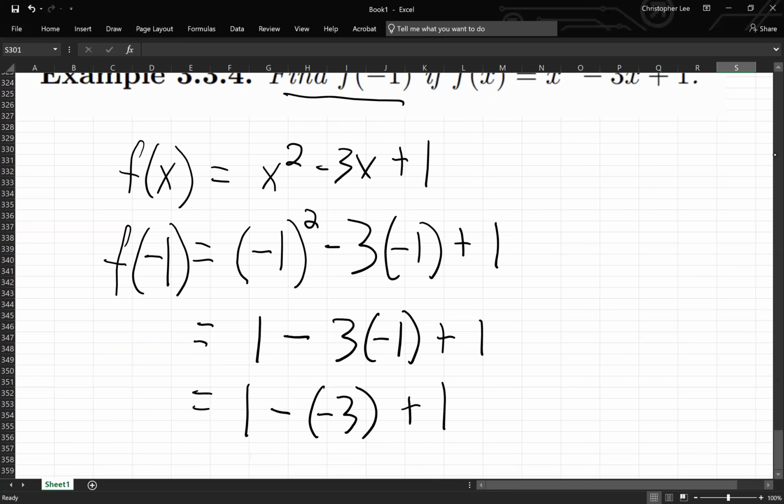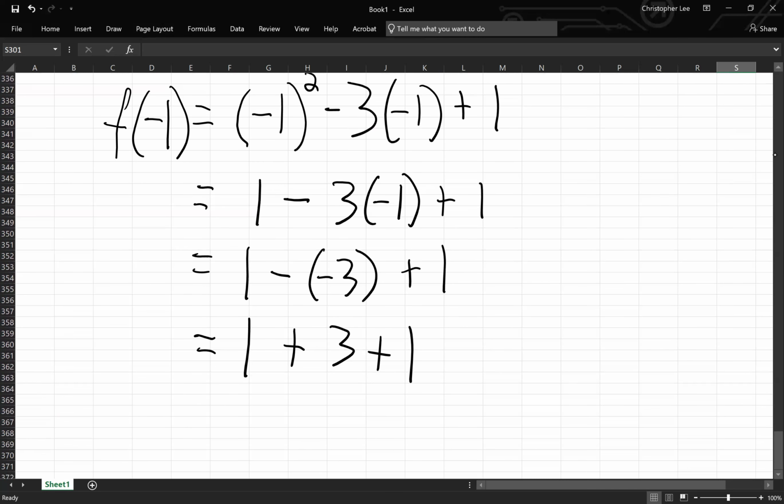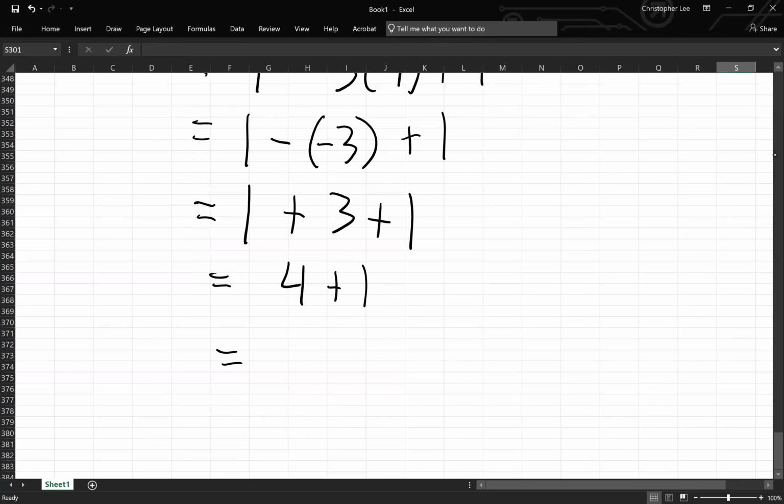Positive 3. So this is going to become 1 plus 3 plus 1. That's the hard part here. What's 1 plus 3? Close. 4. What's 4 plus 1? 5. And that's it.